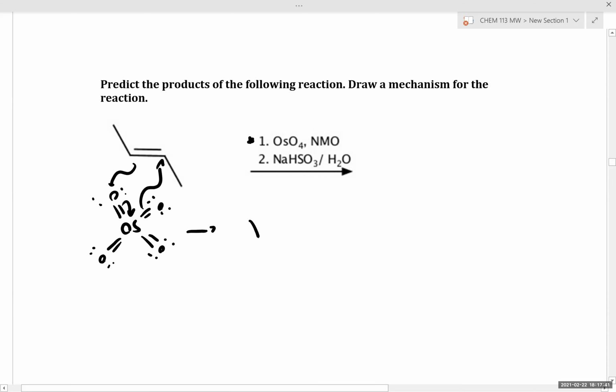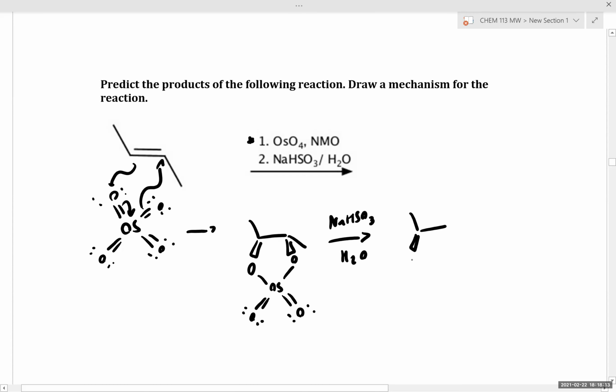That in turn generates our osmate ester. And then from there, we can sequentially cleave off the osmate ester. And that gives the following diol.